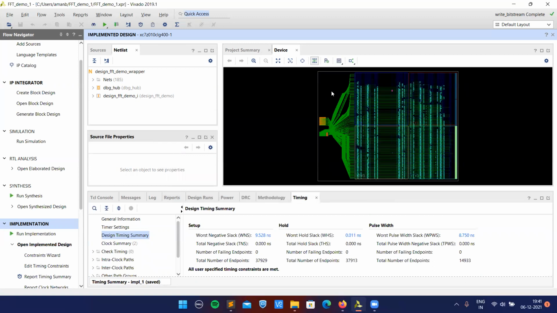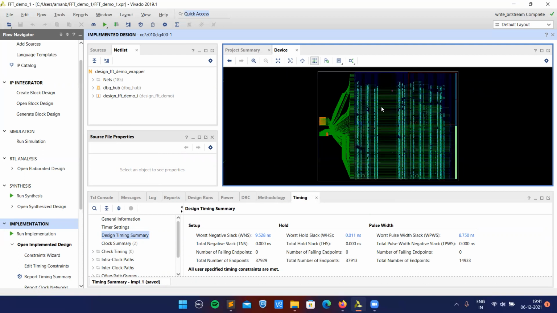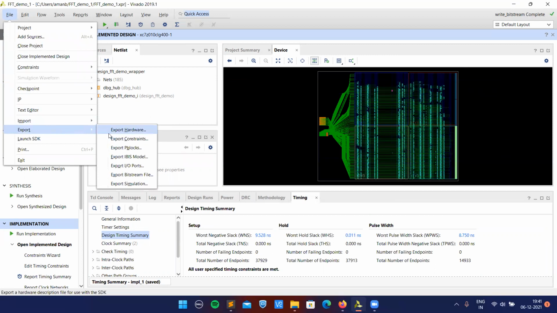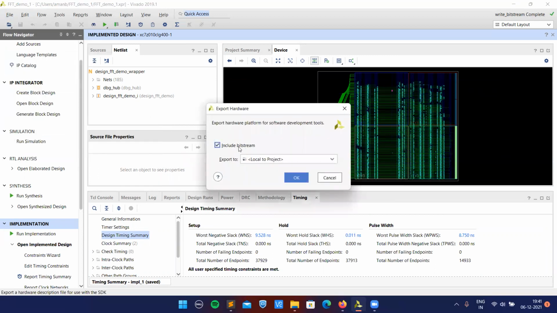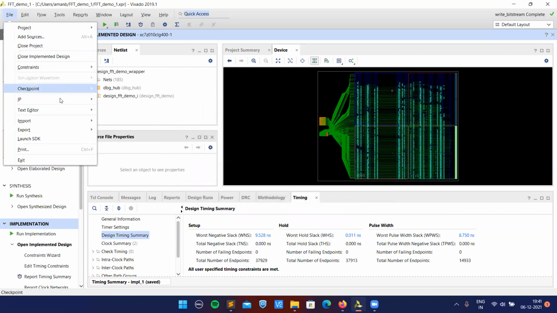So this is how the implemented design for this lab looks like. Now we will move ahead with the lab and export the hardware, and we'll include the bitstream as well. Now the hardware has been exported. We are going to launch the SDK, and we will discuss the SDK part of this lab in the next video.